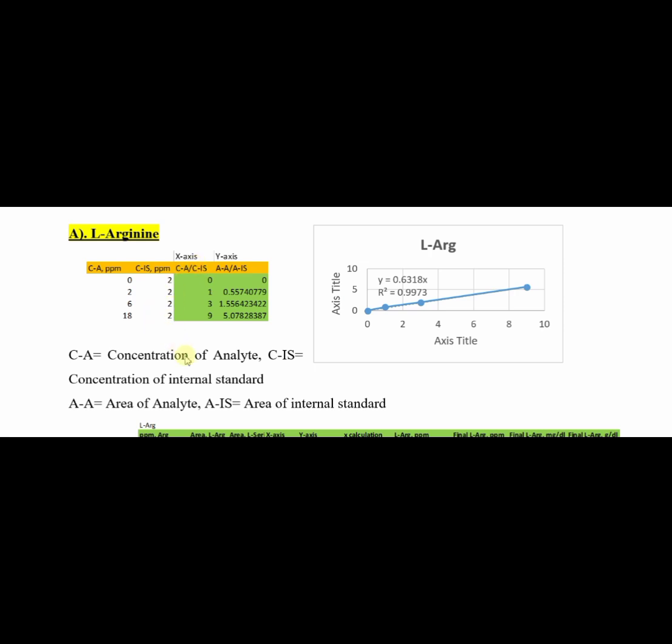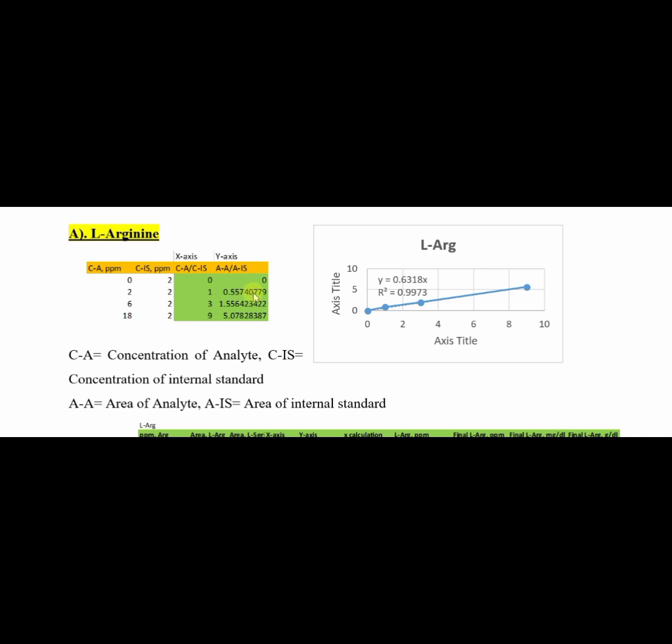So for x-axis, concentration of analyte was divided by concentration of internal standard, that is analyte 268 was divided by 2, so it comes to 0.139. And in y-axis, HPLC area of L-arginine was divided by HPLC area of L-serine.